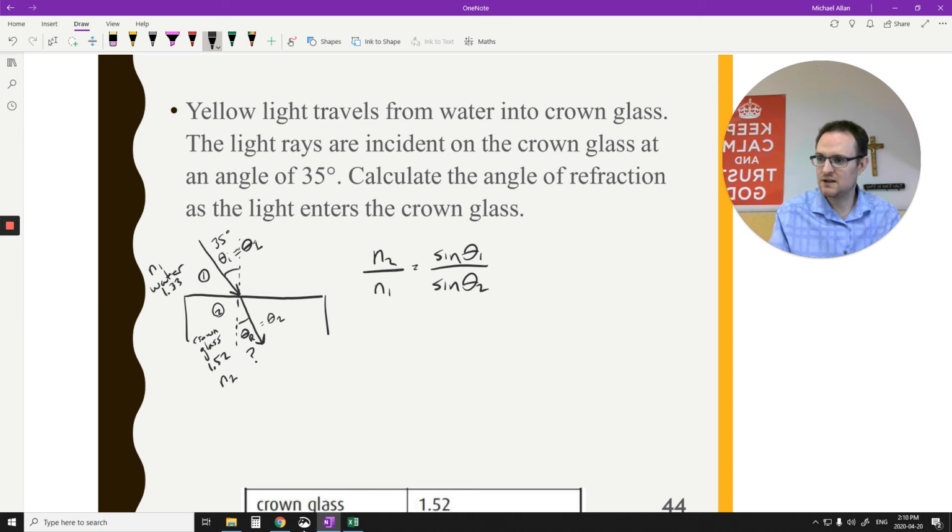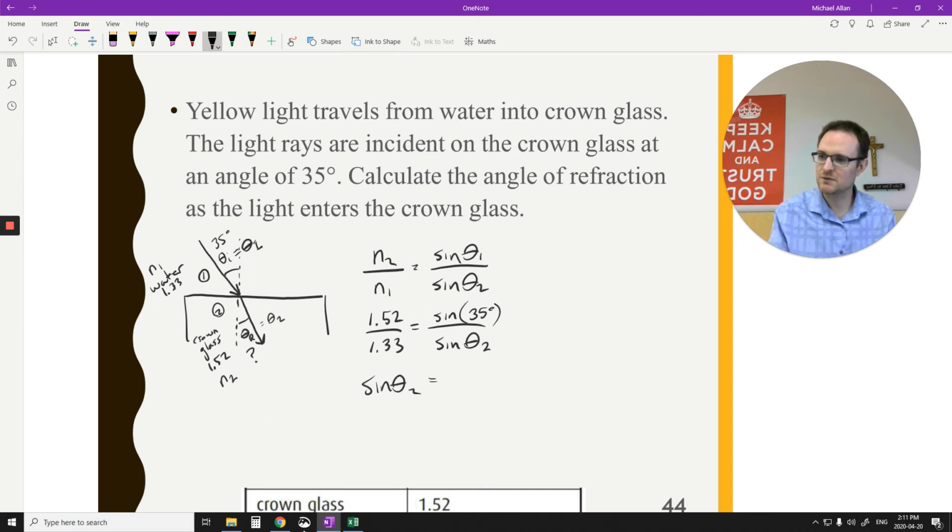Okay, so let's put in the things that we know. We know n2 is 1.52, n1 is 1.33. Here we have sine, and I know this angle, this is 35 degrees. Now you have to be very careful. If your calculator has been reset lately, make sure it's in degree mode. Otherwise, it's not going to work very well. And we're looking for theta 2 here, so I'm going to rearrange this equation for sine theta 2.